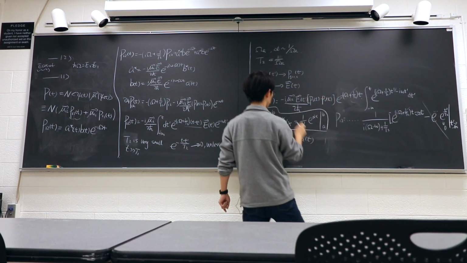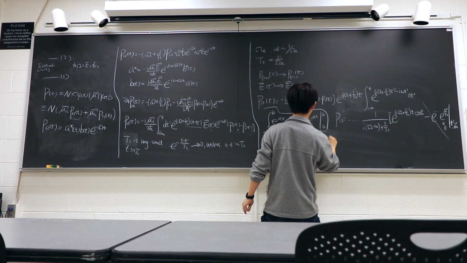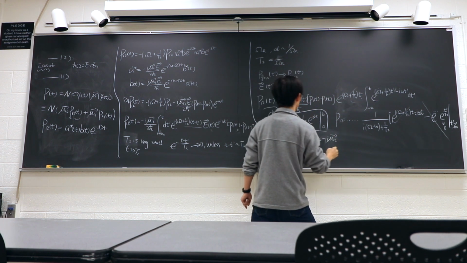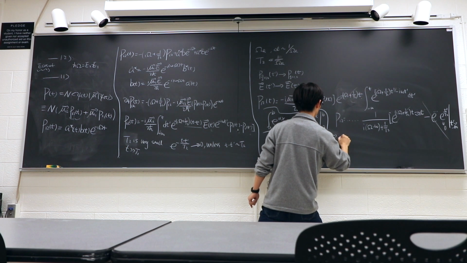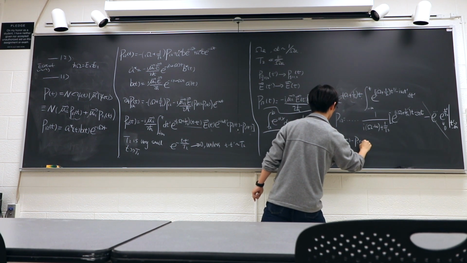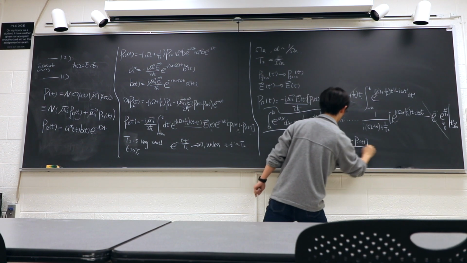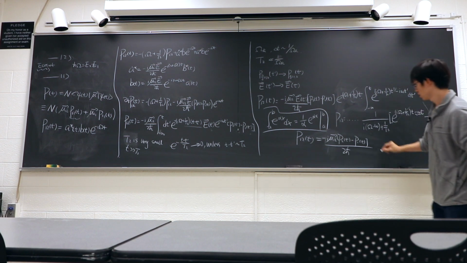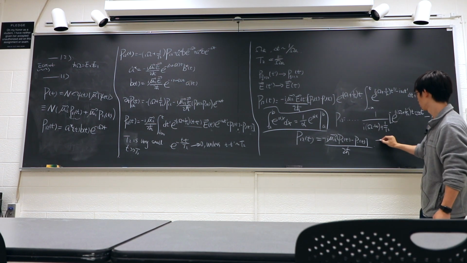So what will happen is that you get minus I mu 1, 2, and then P2, P1, 2H, and you see this.